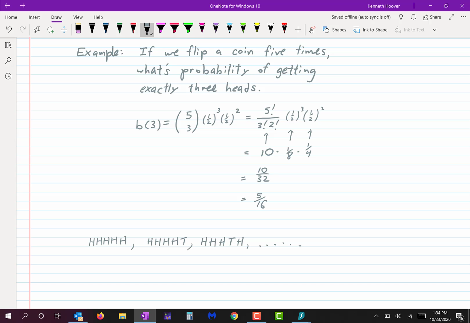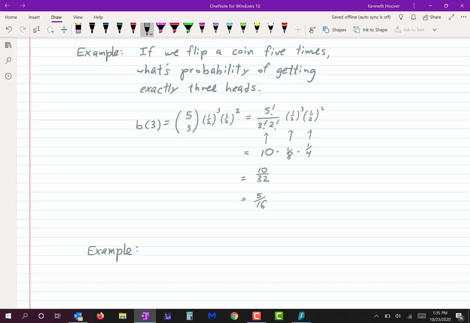Okay, let's do another example. It says, you play a game where the only possibilities are win or lose. The probability of winning at any specific time is 55%. If you play the game 20 times, what's the probability that you will win 15 of them? Okay, let's write this down here.